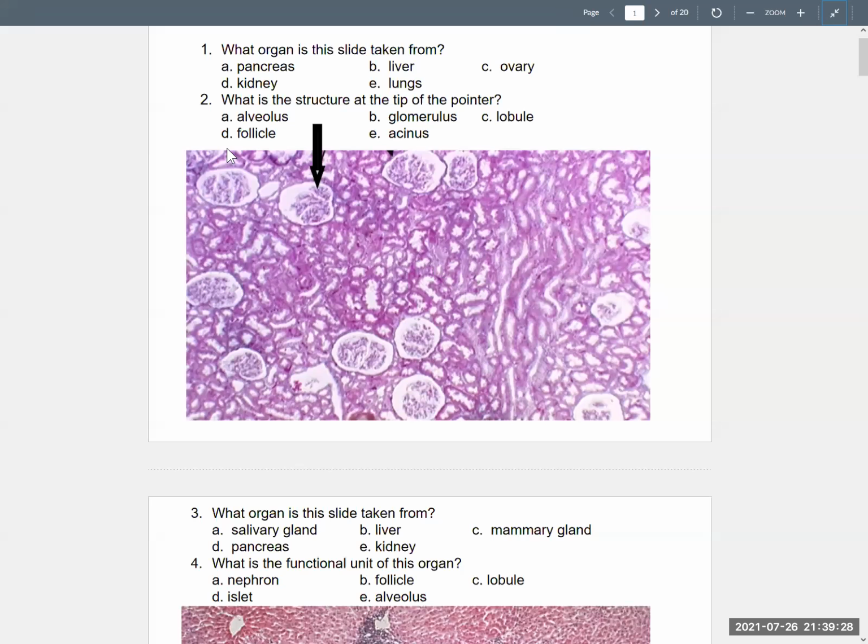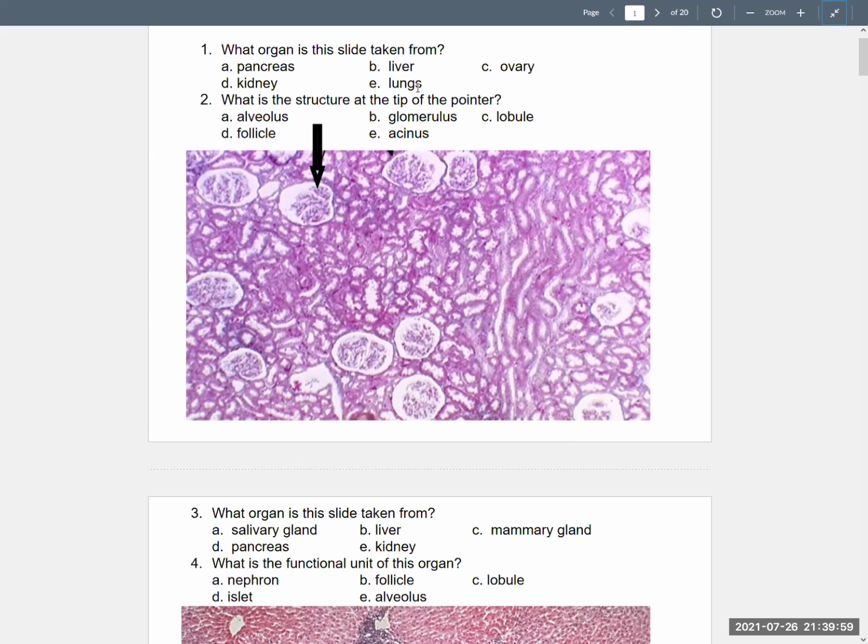This can't be the pancreas. It doesn't have tubules running through it. The pancreas has islets of Langerhans, but they're not large like this with big gaps around them. Recognize these as Bowman's capsule and glomerulus, and you know that it has to be the kidney.